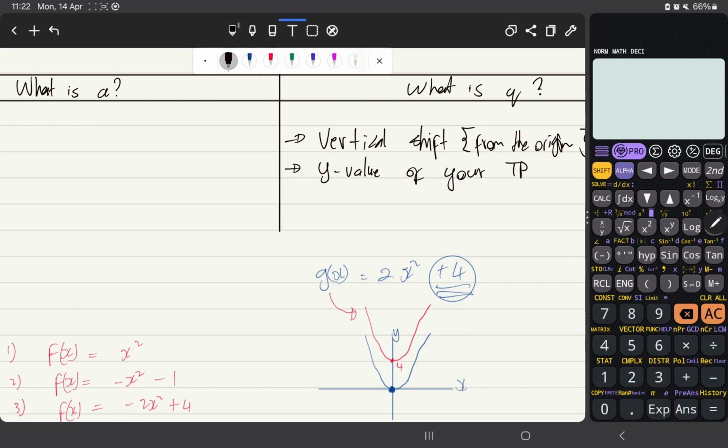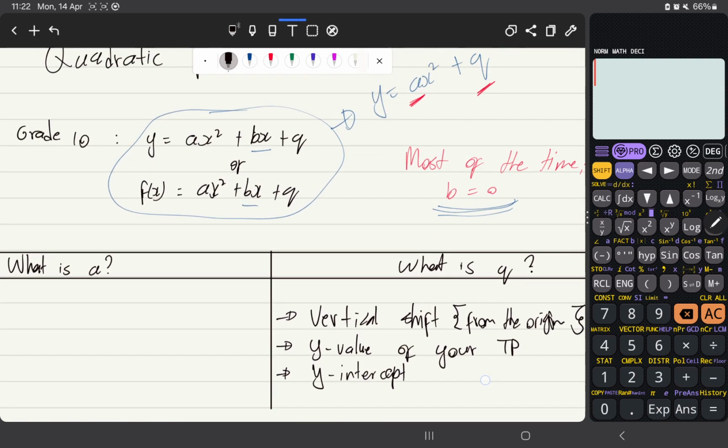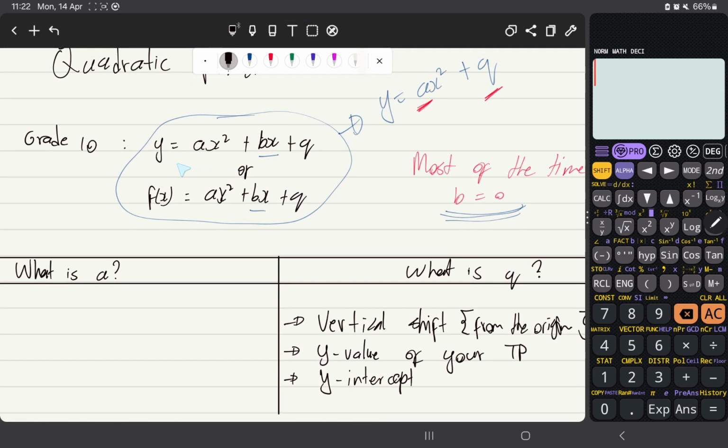So I'm gonna write it down here. It is the y-intercept, because when you look at this form that I wrote here, what does y-intercept mean? At the y-intercept, x is equal to 0, right? So if x is equal to 0, we have 0 here, we have 0 here.